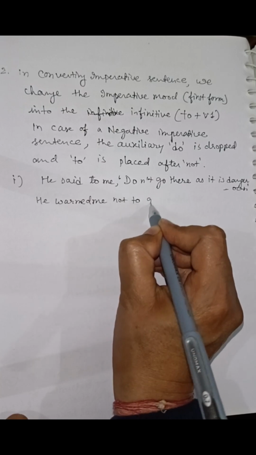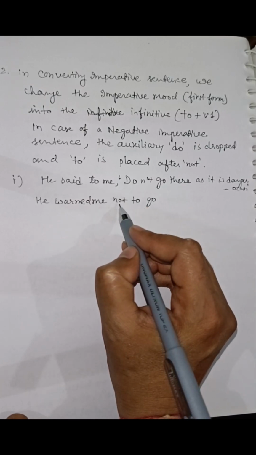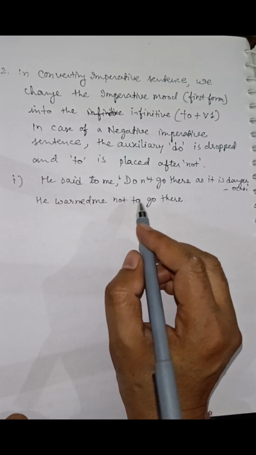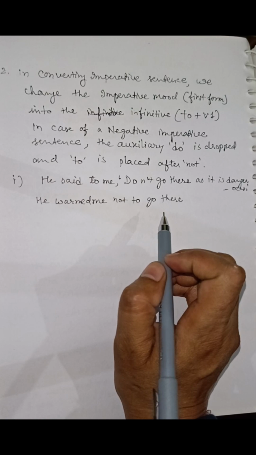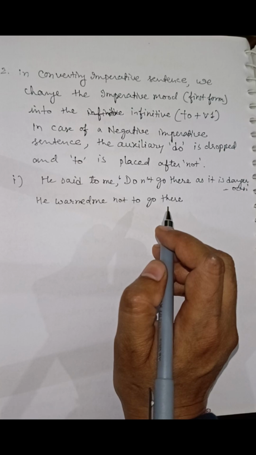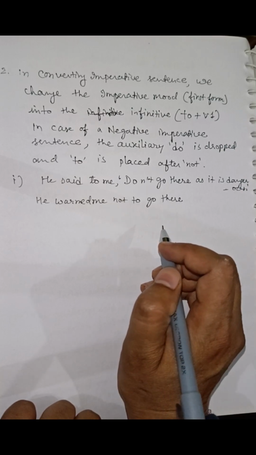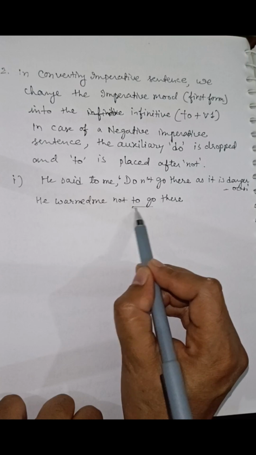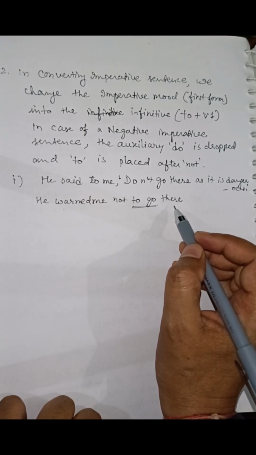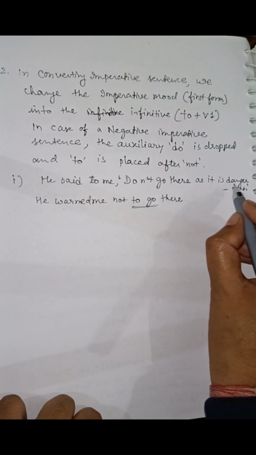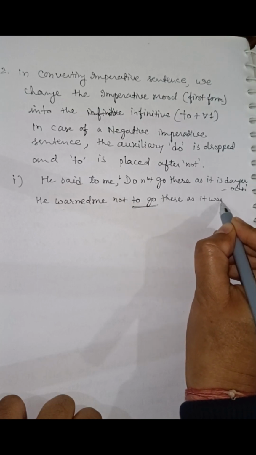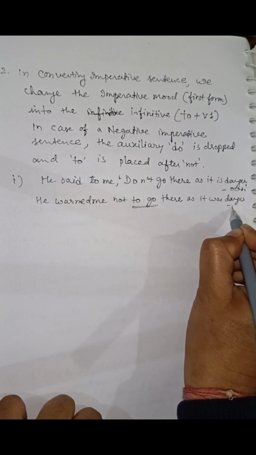Do will be removed, not will be used, and then it will be followed by to, not to go there. And we know that in direct speech containing imperative sentences, we use to, the infinitive form, to remove the inverted commas. Okay, so this is the infinitive form. He warned me not to go there, and this is the case of statement, as it was dangerous, right?